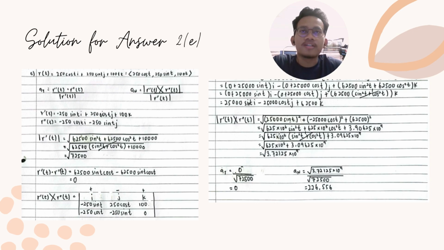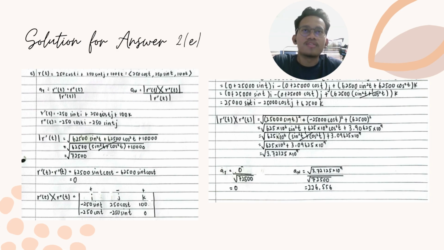And then we find the magnitude of the first derivative of r(t), which is the square root of 62,500 sin squared t plus 62,500 cos squared t plus 10,000. Then we factorize the 62,500 and get sin squared t plus cos squared t. We can use the trigonometric identity, and this will be equal to 1.